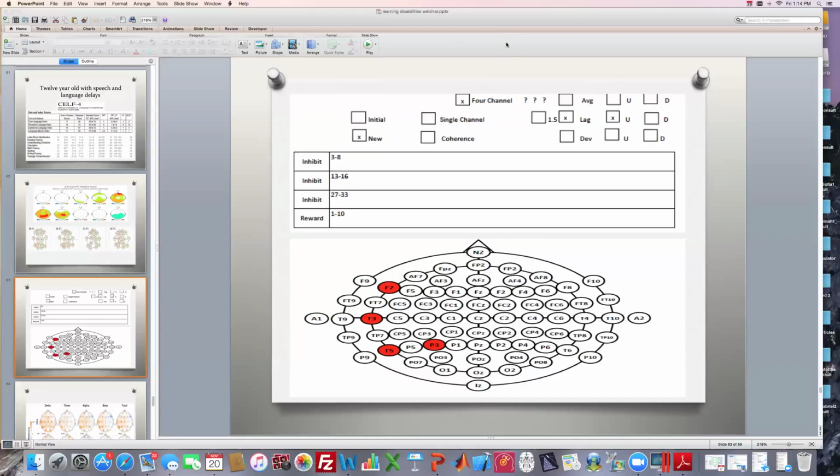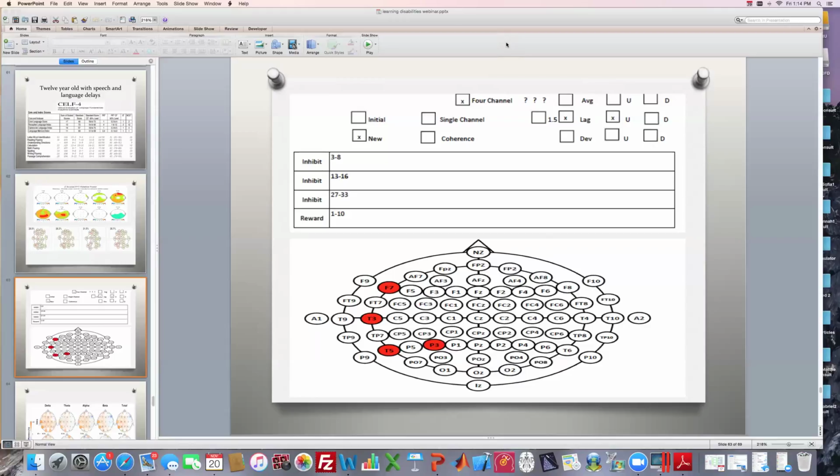And when we train coherence down for those individuals, their OCD symptoms begin to diminish fairly rapidly. We've also done down training of coherence for individuals with ADHD, where it's relatively common, and for individuals with autism, where it's relatively common.